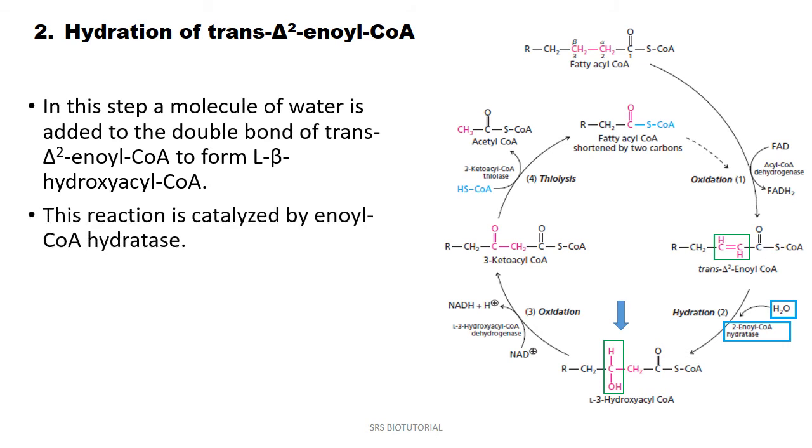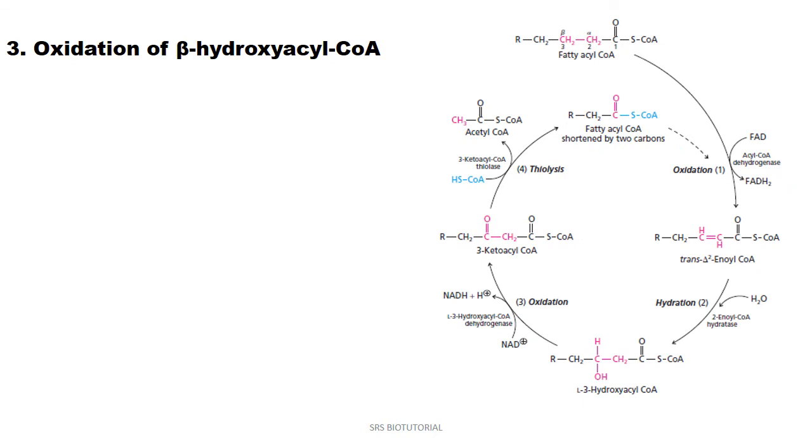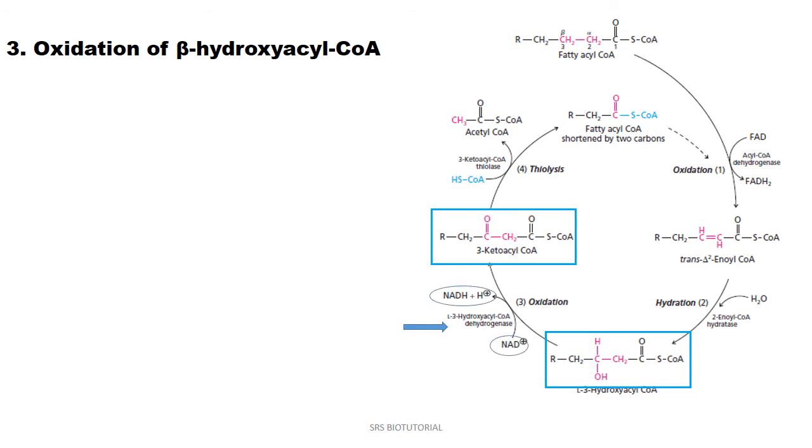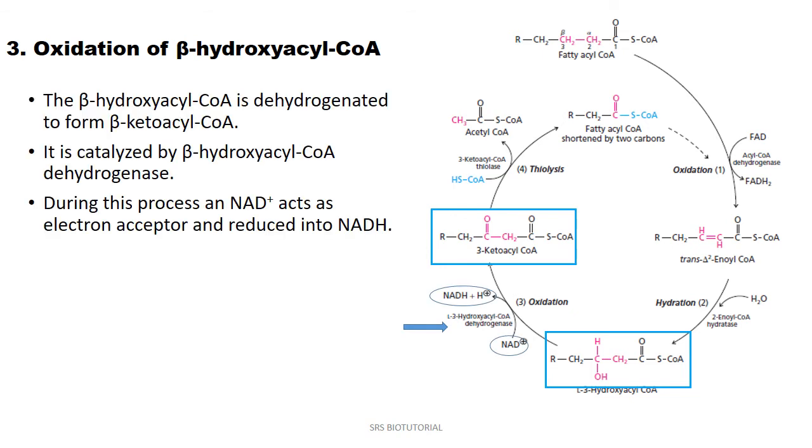The next step is oxidation of beta-hydroxyacyl coenzyme A. The beta-hydroxyacyl coenzyme A is dehydrogenated to produce beta-ketoacyl coenzyme A. This reaction is catalyzed by beta-hydroxyacyl coenzyme A dehydrogenase. During this process, NAD plus acts as an electron acceptor and is reduced to NADH.